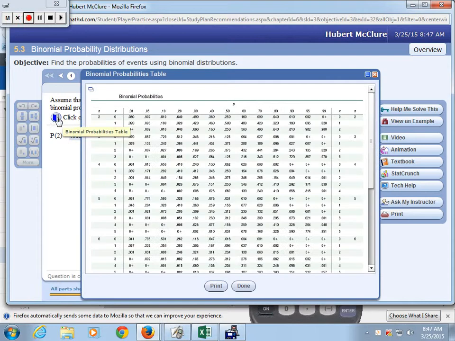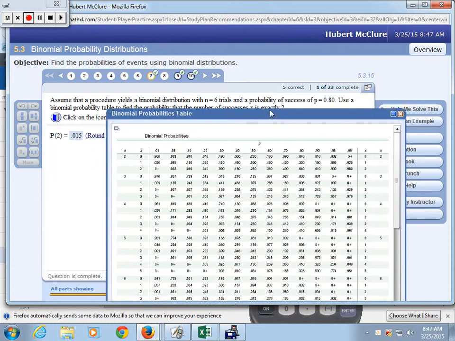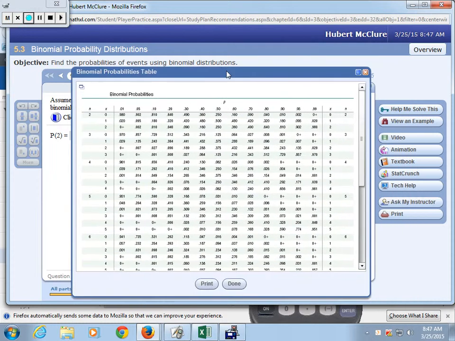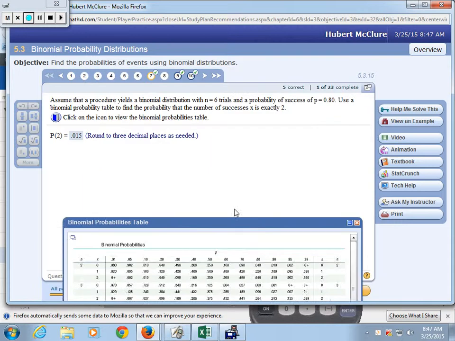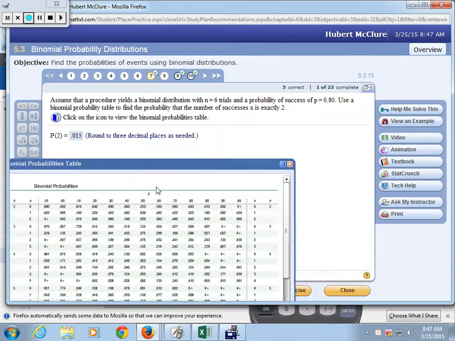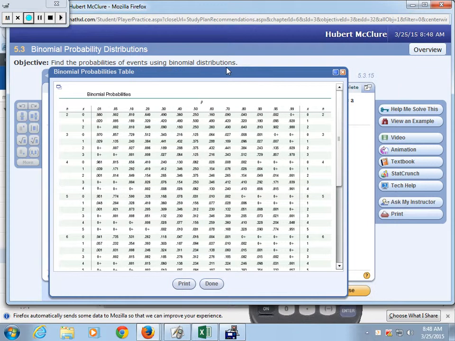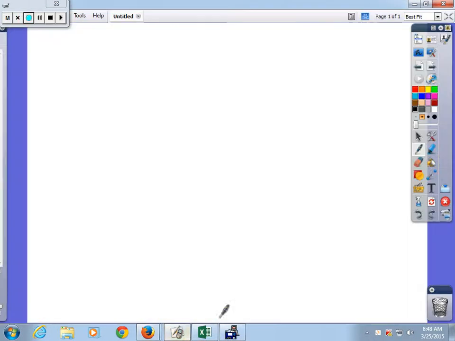Golly, I can't believe they still have the tables in here. Let's see, 0.8. You'd find 0.8 right here. I'm showing you how to use the table. Let me use my handy dandy whiteboard.